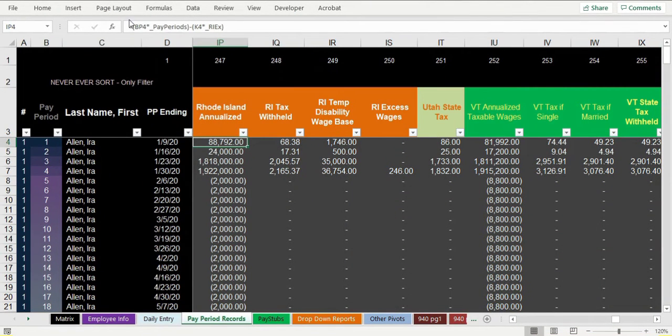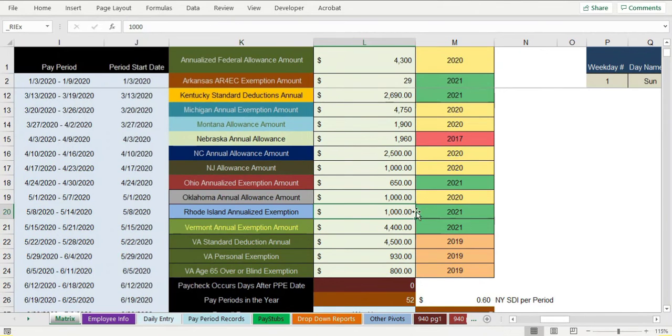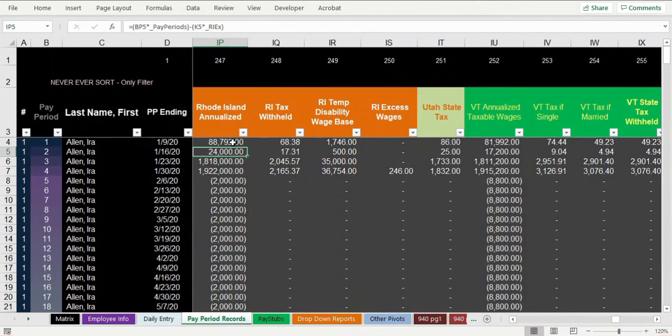So when I said annualize your wages, you take the wages for the period and multiply it by the pay periods in the year. It's 52 pay periods in this weekly file that we're on right now. And then you subtract out the Rhode Island allowances times $1,000, and I have the $1,000 right here. This is called the Rhode Island exemption amount. So once you do that, you get this Rhode Island amount of wages that's now annualized and taxable.